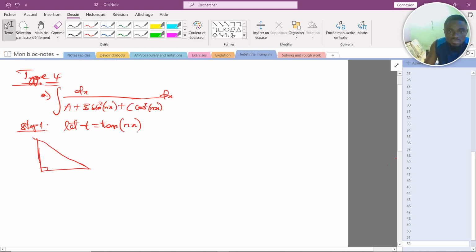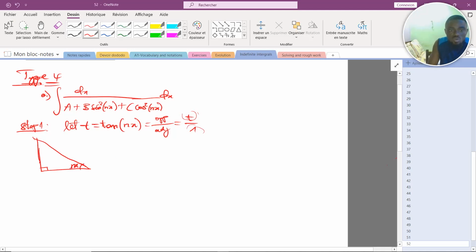You know that tan theta is equal to what? Opposite over adjacent. So if tan nx is equal to t, this t is the same as t on 1, meaning t is the opposite and 1 is the adjacent. So if this is my right angle triangle, the angle is nx. I can decide to put my angle here or up here. It depends on you.